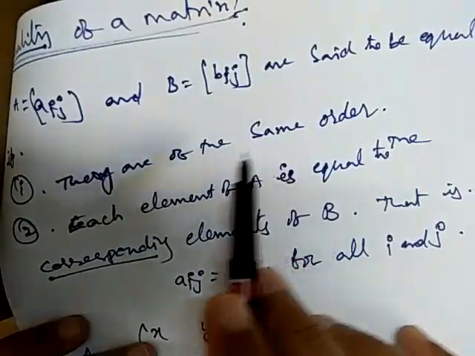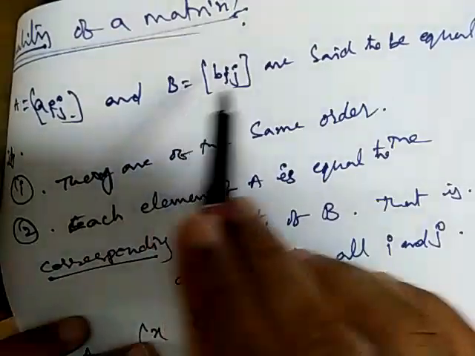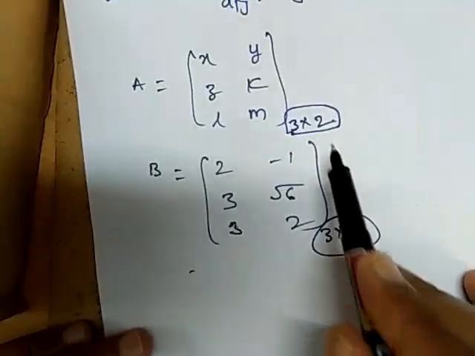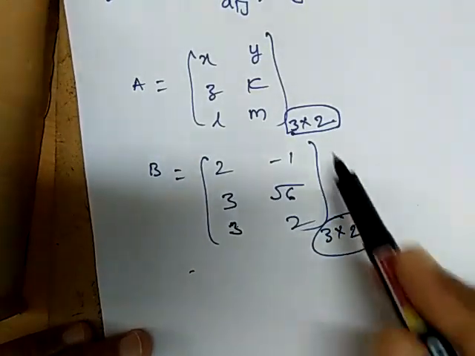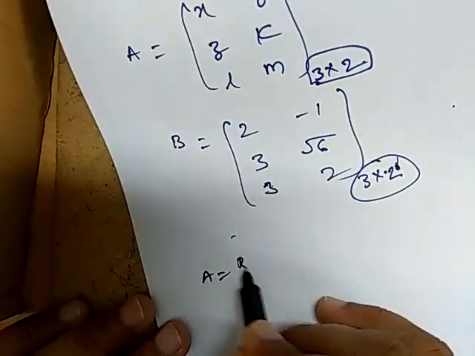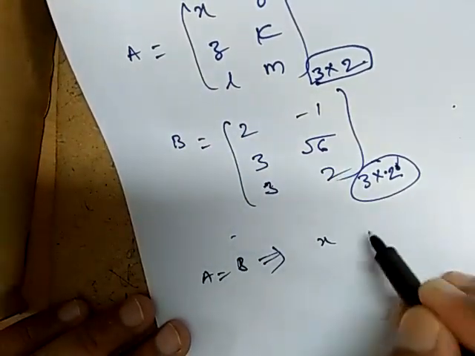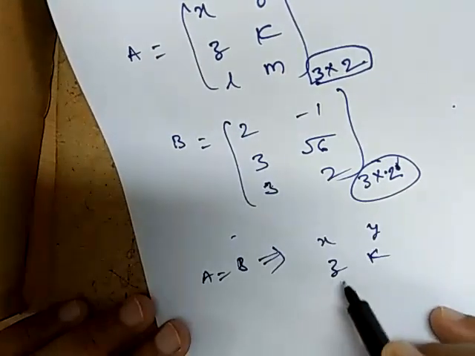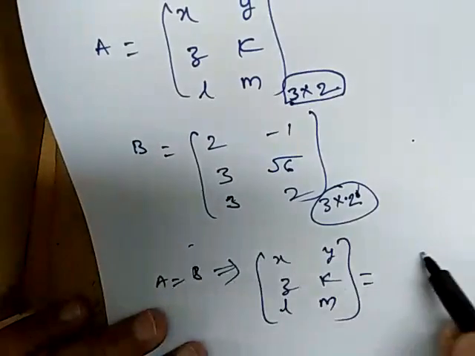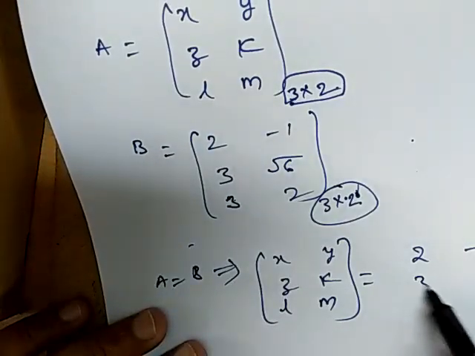If we want to say these two matrices are equal, then their order should be equal. Here the order is 3 by 2 and here the order is 3 by 2. Then we equate A equals B, that is x, y, z, k, l, m equals 2, minus 1, 3, root 6, 3, 2.